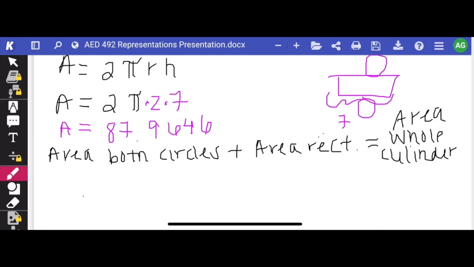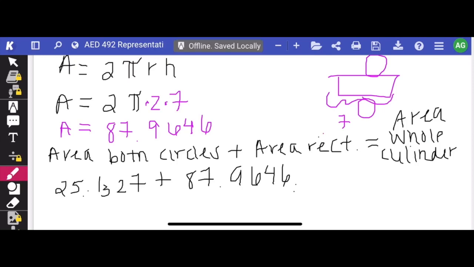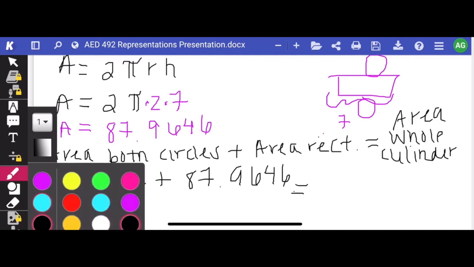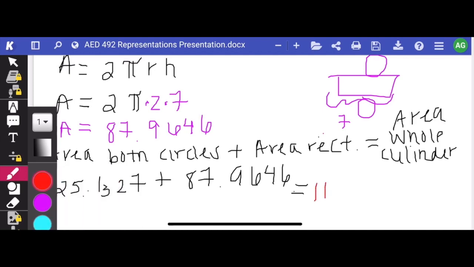So we're going to add 25.1327 plus 87.9646, and when we add them together, we're going to get 113.0973. And that is our value for the surface area of a cylinder.